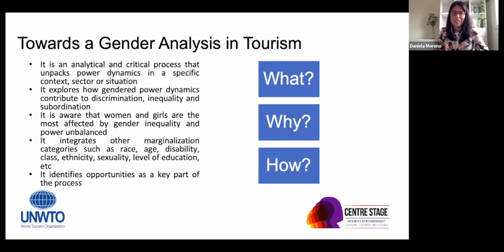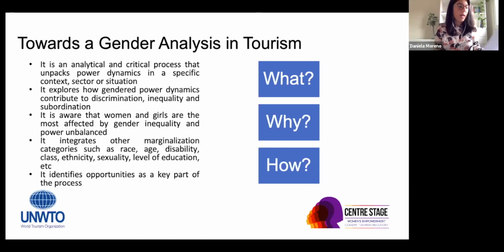I mean, this is for everybody, for all types of tourism, for all types of organization, for all types of professionals that we have in tourism. So we have to engage all these kinds of stakeholders through the gender analysis, because they are a key part of the entire process that we want to promote through our gender analysis as well. As I told you before, a gender analysis is an advocacy tool. Most of the time, you have to think about that. You have to be very strategic when you deliver a gender analysis as well.